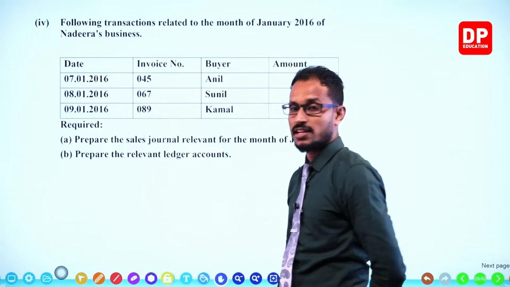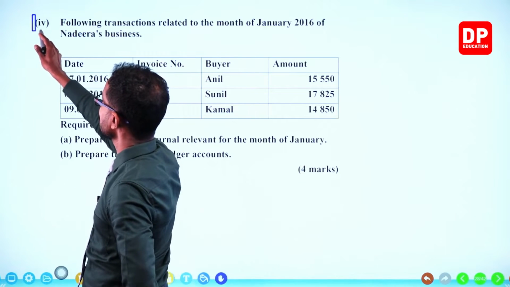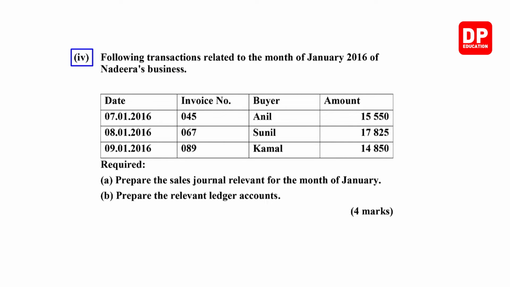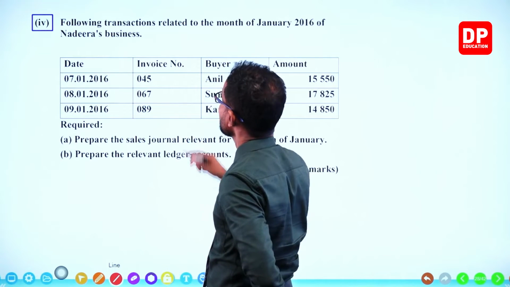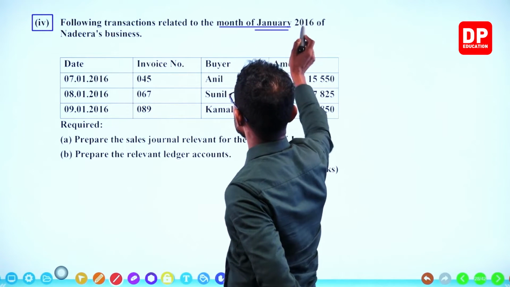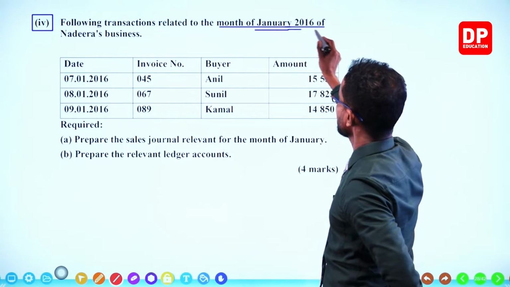Next part, or the final part. Fourth, Roman number 4. Following transactions related to the month of January 2016 of Nadira's business.